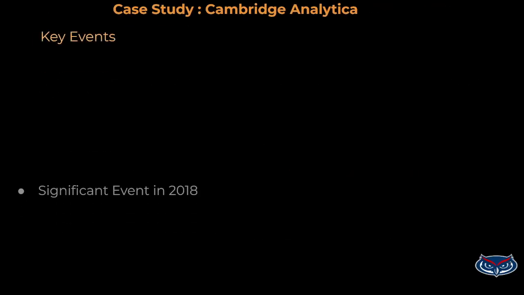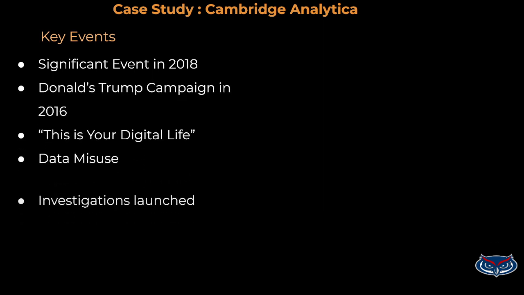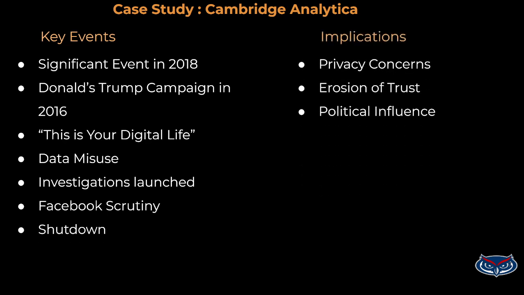Now, let's go through a case study of a firm named Cambridge Analytica. The Cambridge Analytica scandal was a significant event in 2018 that shed light on the misuse of personal data in political campaigns and raised concerns about privacy and data protection.